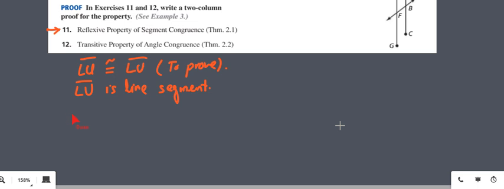So what is the way? First of all, what is the structure of the two-column proof method? On the left side we have statements, and on the right side we have reasons.